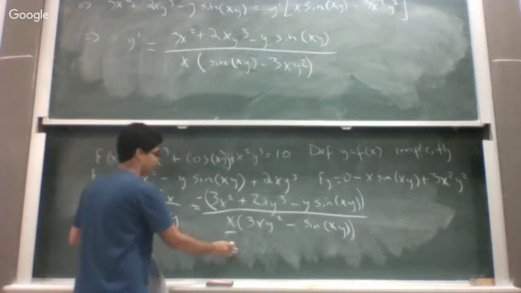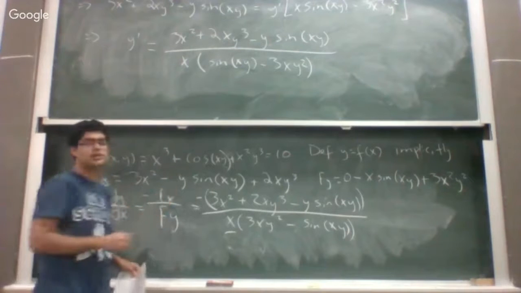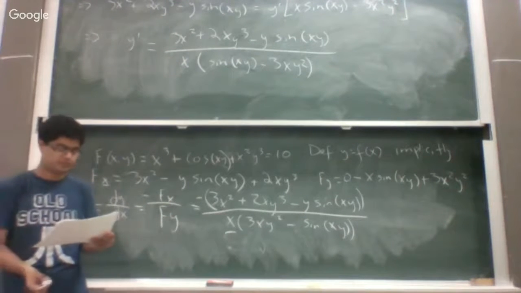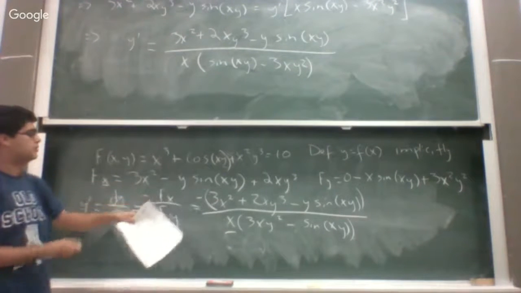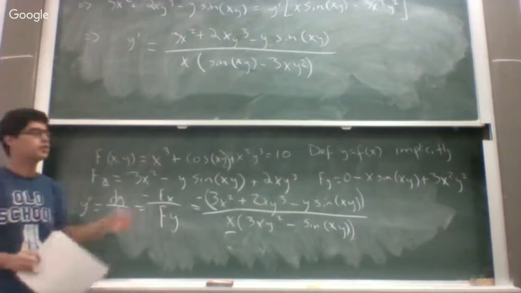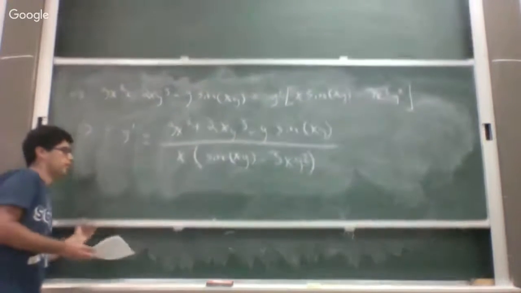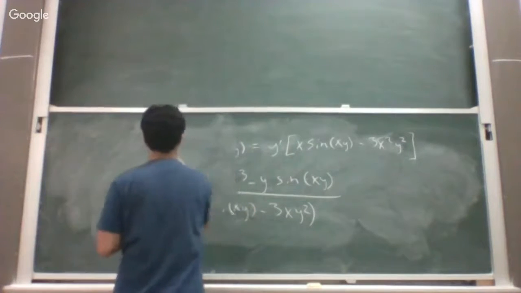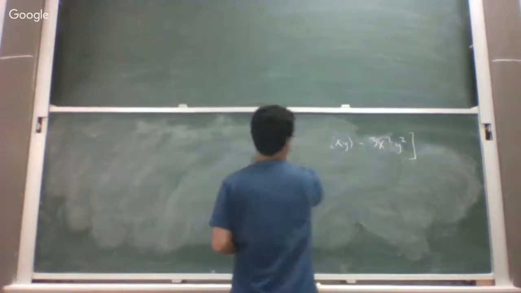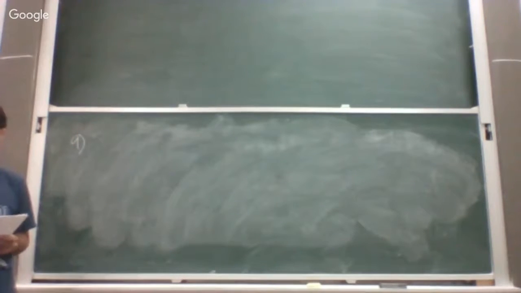I took out an x here as well. And here we have sine minus 3xy squared, but since we have a negative sign in this function, it's the same thing. You can write it either way. Are you guys good? Good to move on?